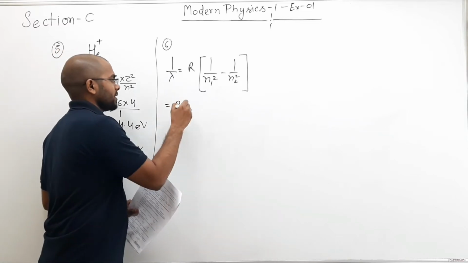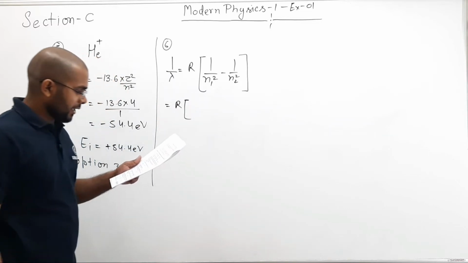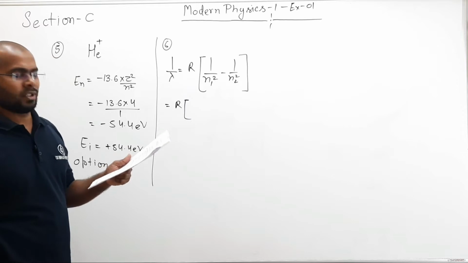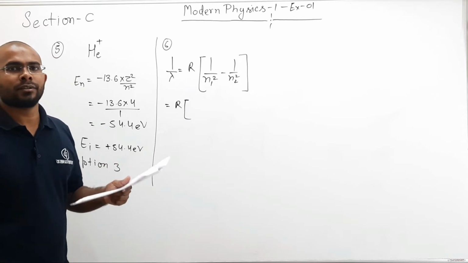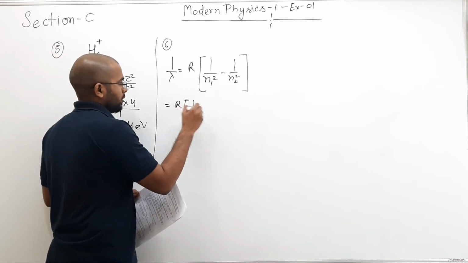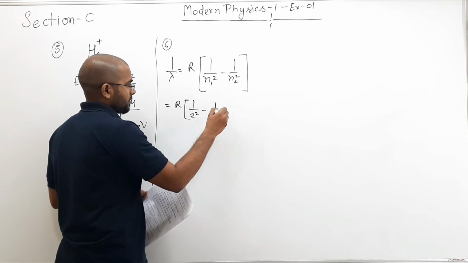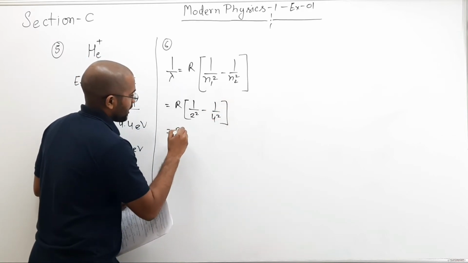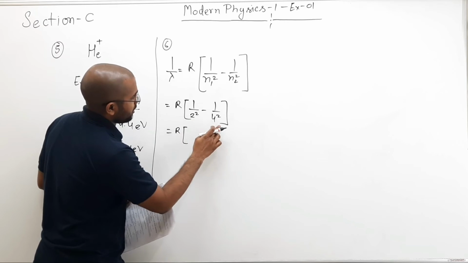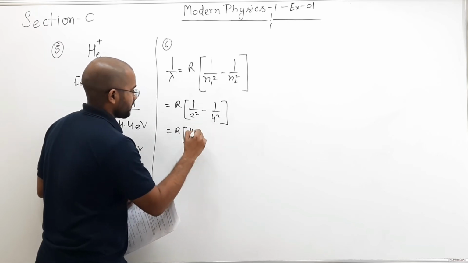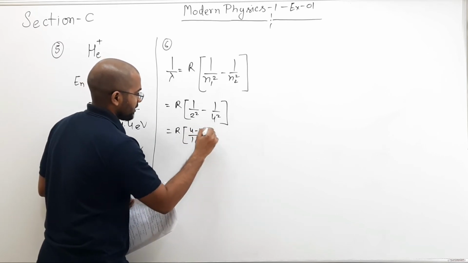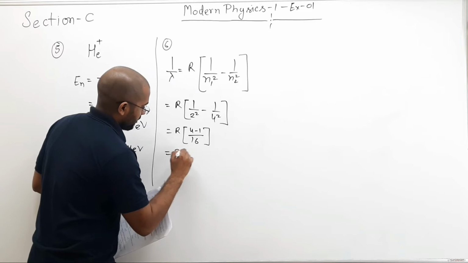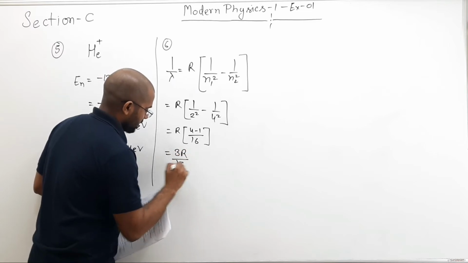So R times, going from n equals 4 to n equals 2, 1 by 2 square minus 1 by 4 square. So R times (4 minus 1) divided by 16. So that is 3R by 16.